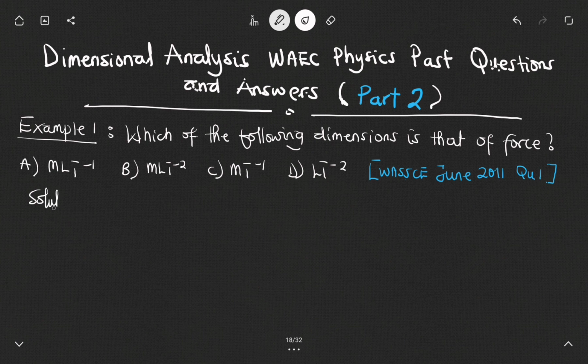So we write down our solution. They say, which of the following dimensions is that of force? Force can be given mathematically as the product of mass times acceleration.